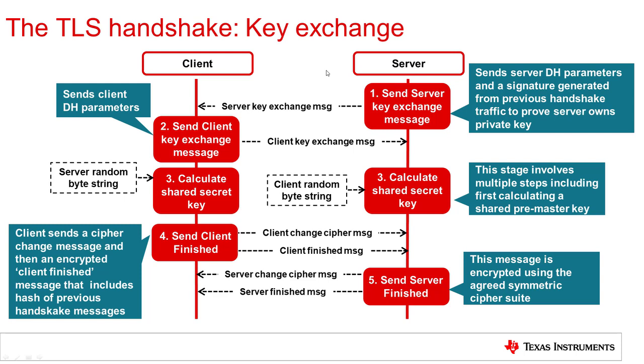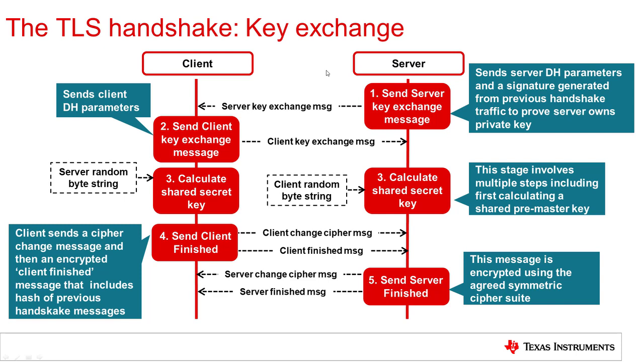At that point, the client will send its key exchange message, which will include a hash of the previous traffic as well, in the case of client-side authentication, and its Diffie-Hellman parameters. If you're not familiar with Diffie-Hellman, please refer to the previous module on certificates and the module before that on asymmetric encryption, which explain how Diffie-Hellman works in a little more detail.